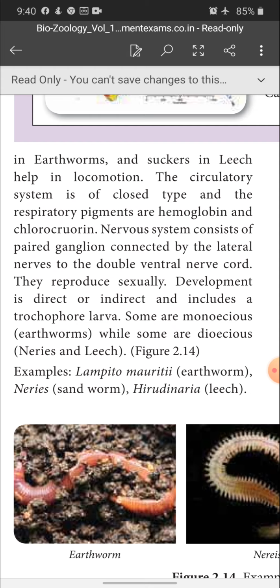So, what is called a respiratory pigment? You can have some doubt about it, okay. Hemoglobin, we also have hemoglobin in our red blood cells. This hemoglobin helps in carrying respiratory gases such as oxygen and carbon dioxide. Hemoglobin carries oxygen from the lungs to the heart and to each and every tissue of our body.